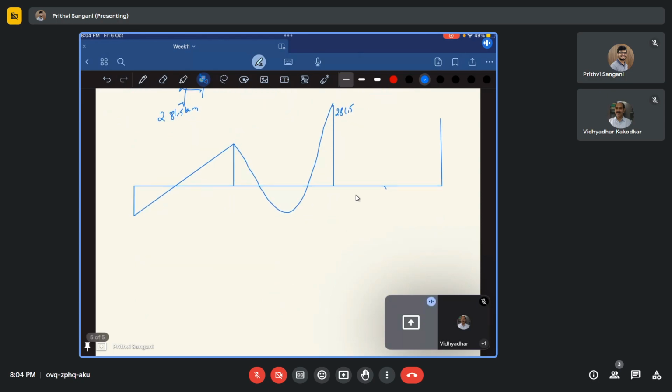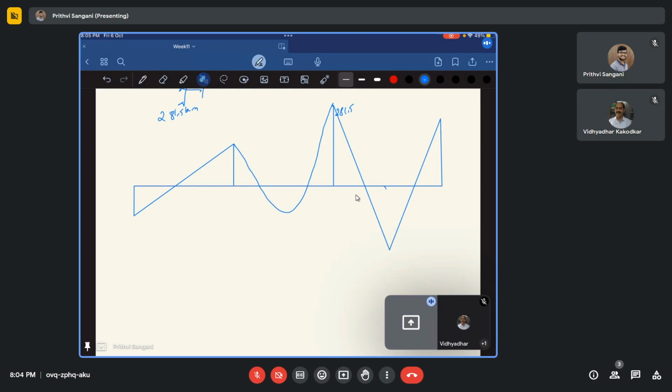So this is going to be hugely positive. So somewhere here. So at this point it is going to touch like this, and then it is going to meet the point something like this. The reason why it is linear is because there is only a point load which is acting at the mid span of span CD.